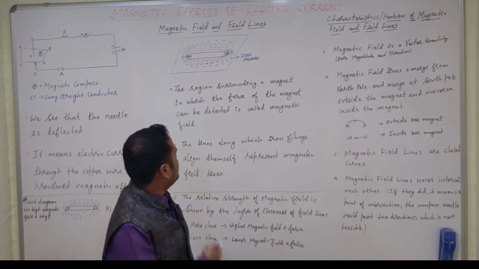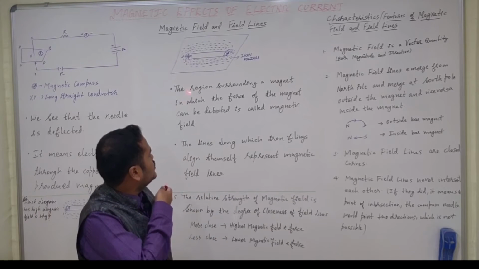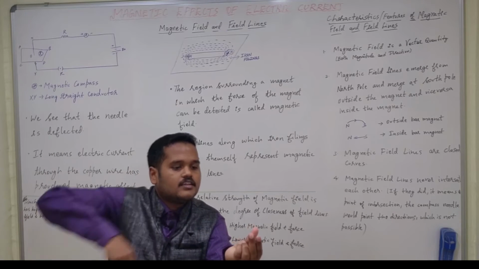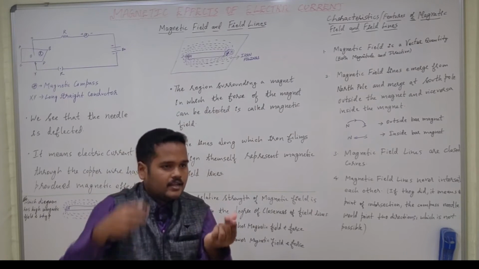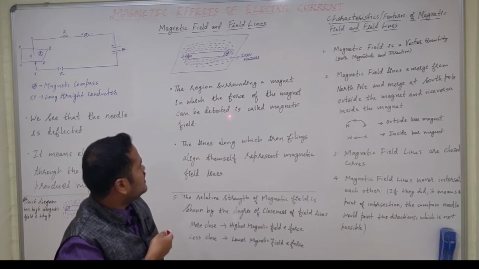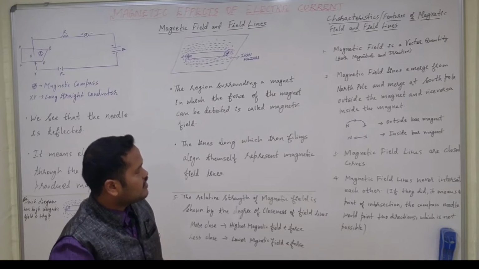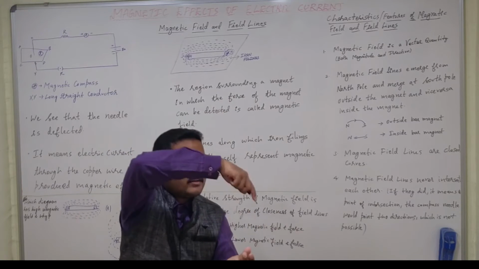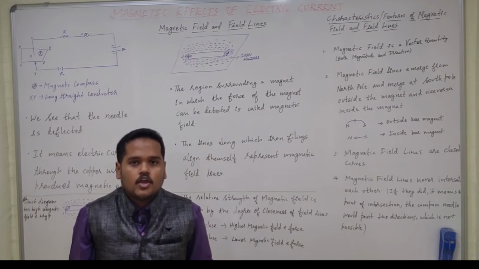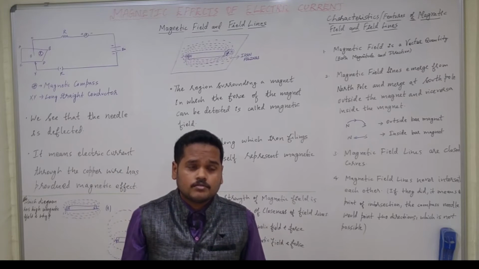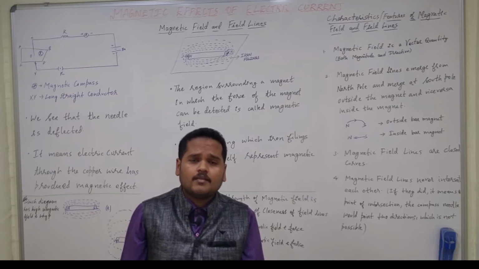So we'll come to the definition. The region surrounding a magnet in which the force of the magnet can be detected is called the magnetic field. So you have kept a magnet. The region surrounding the magnet, how much region we don't know. If you have a very powerful magnet, might be half a kilometer, its field can be detected.